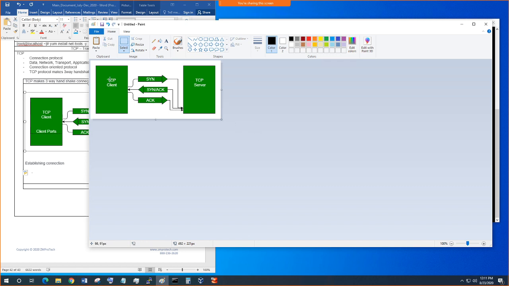Okay, TCP client and TCP server. Let me just make an edit here.